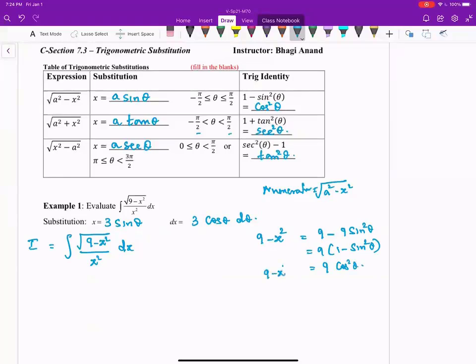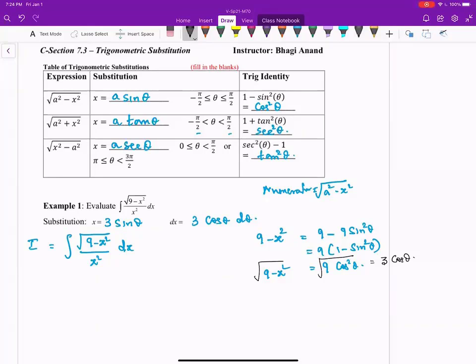Now if you take the square root, that will be equal to 3 times absolute cosine theta. Here the assumption is that theta lies between negative pi by 2 and pi by 2, so it will be positive. So it's equal to 3 cosine theta.